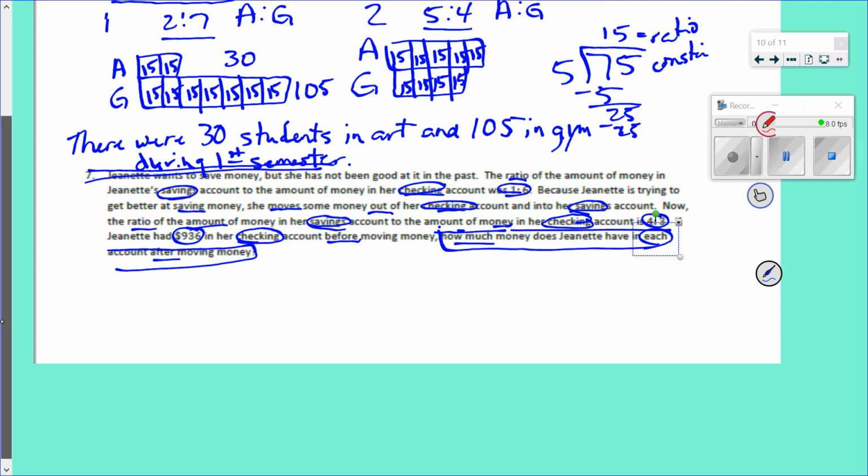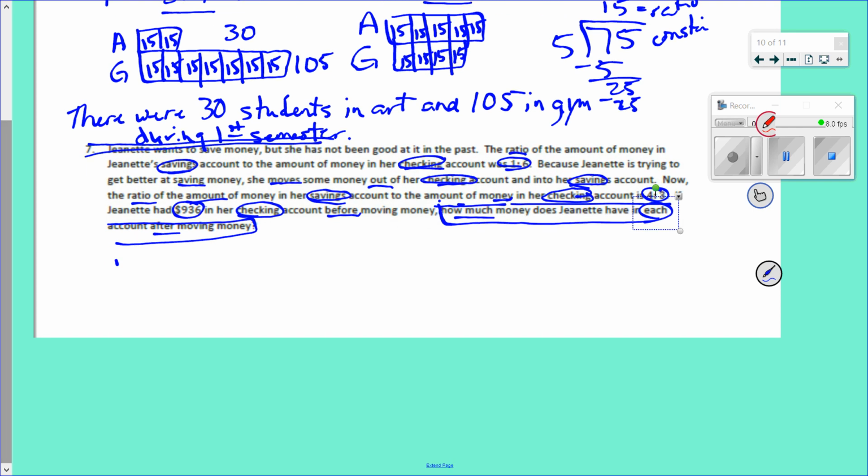And again, we're looking at a before and an after. So I'm just going to label the B and the A. So before the move and after the move. So before the move, her money was in a ratio of 1 to 6 in savings to checking. After she moved it, it switched to 4 to 3 in savings to checking, just to make sure that I've got my ratios in the right manner.